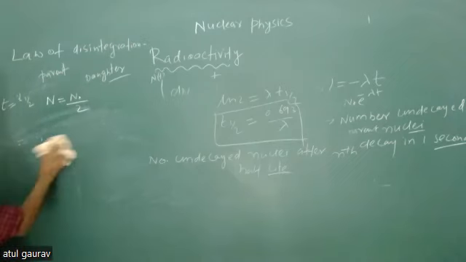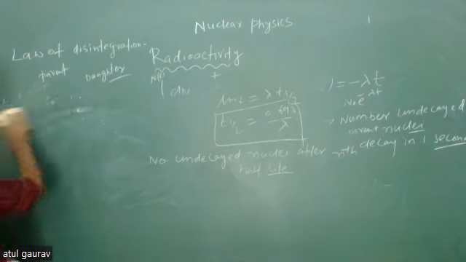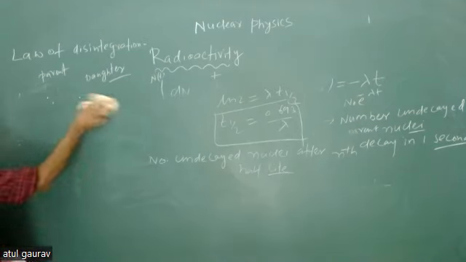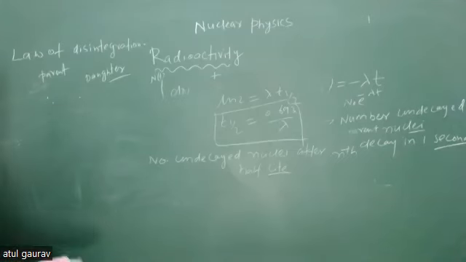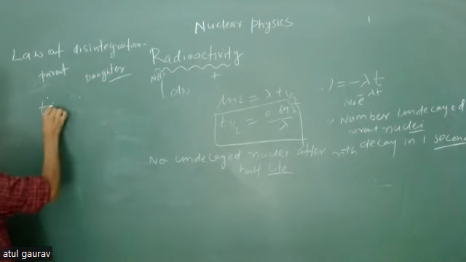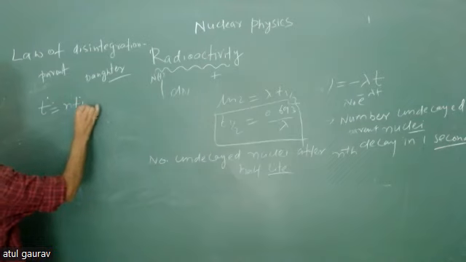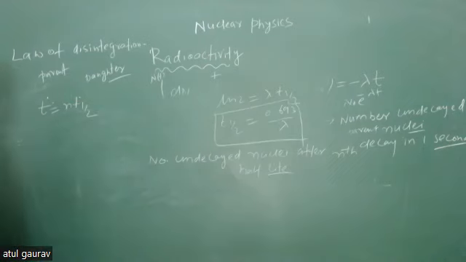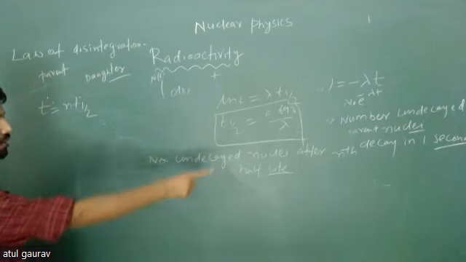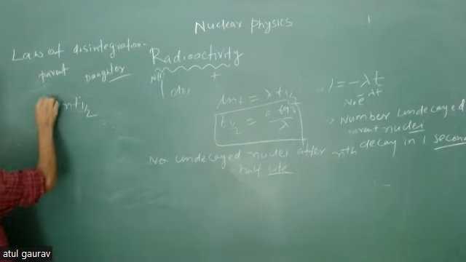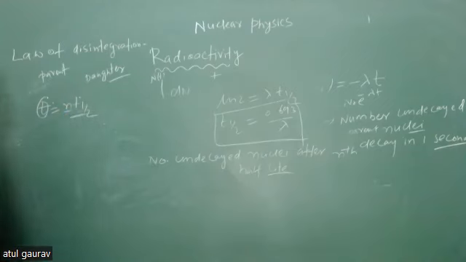So N naught by 2 to the power n. Good. How are you able to derive it? Put it in the equation. Exactly. Time after nth half-life means time is n into t half. Total time is n into t half.